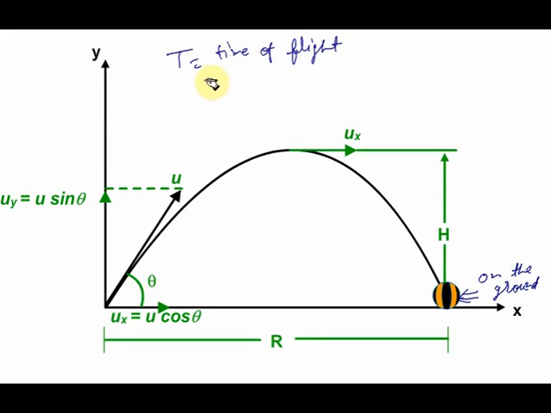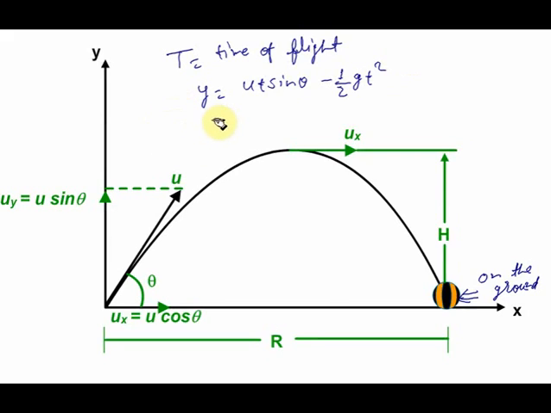To calculate this time of flight, we'll make use of the following formula. We know that the displacement along y direction, that is along vertical direction, is given as ut sine theta minus half gt square.